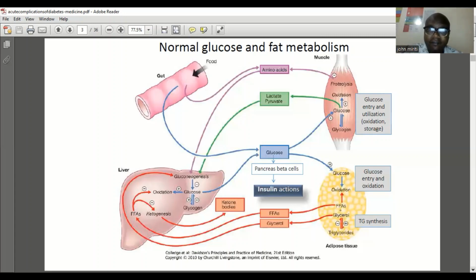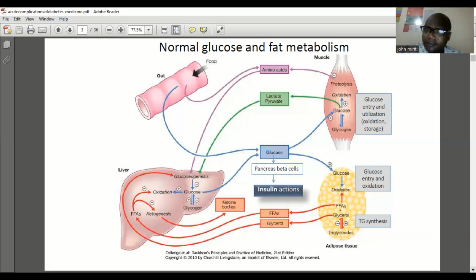Then you take glucose absorbed from the GIT, it goes to the blood. In the blood, the glucose can either be taken to the muscles where oxidation takes place in the mitochondria, and it is utilized or stored there or converted into energy at the mitochondria.